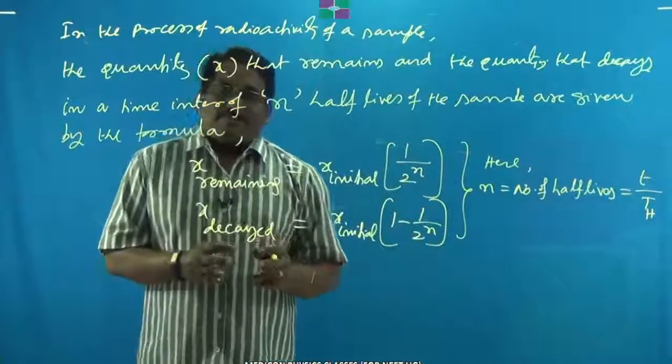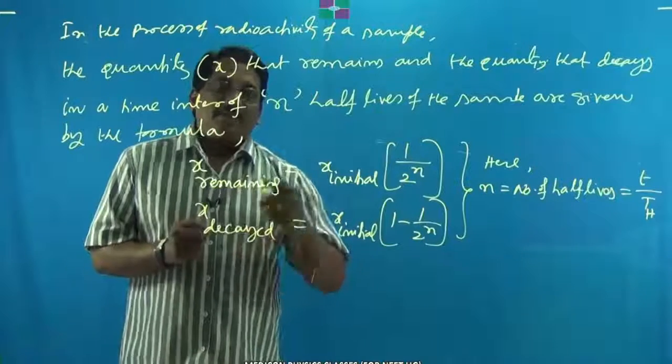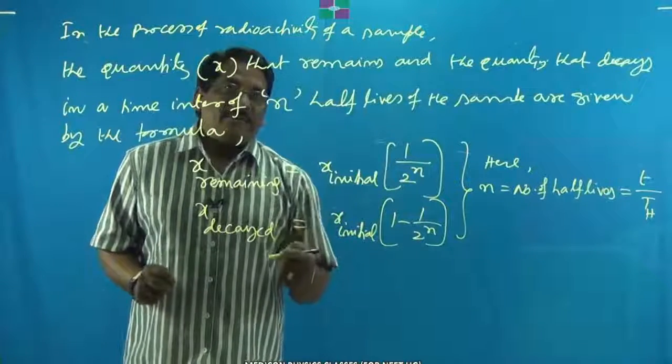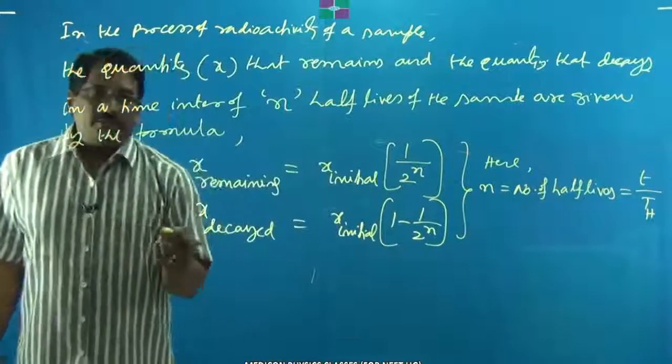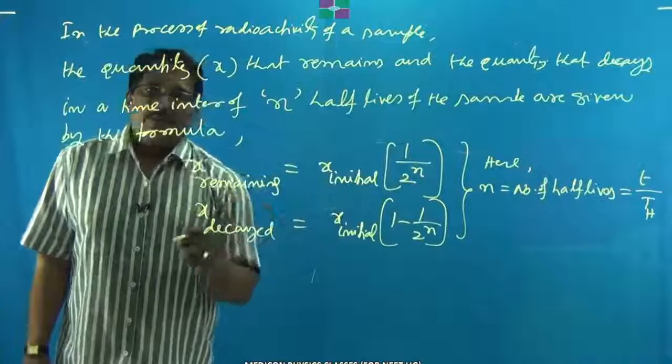Here there are two cases. In the first case, the fraction that decayed is given as 7/8 for t equal to 6 days, and using that we can calculate the half-life of the given sample.